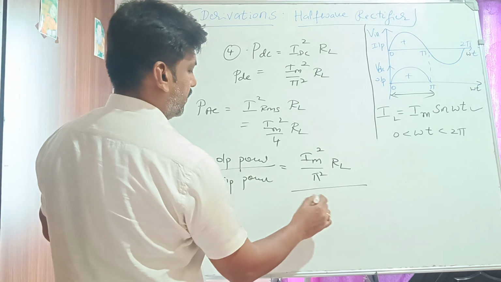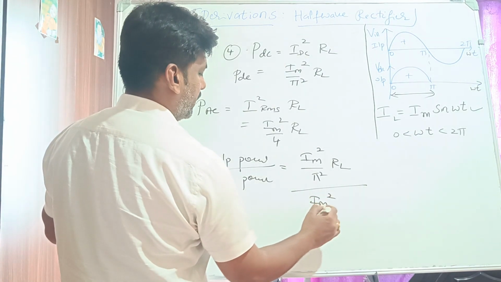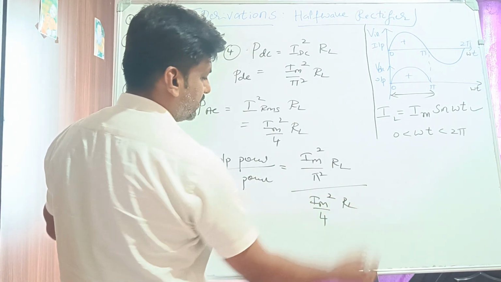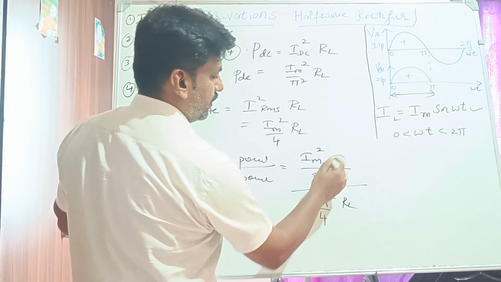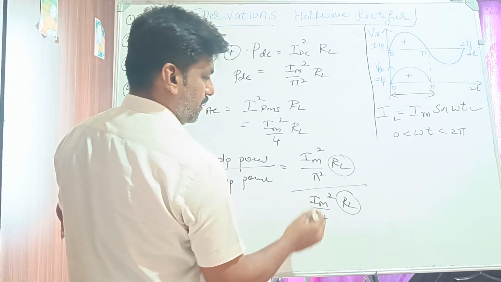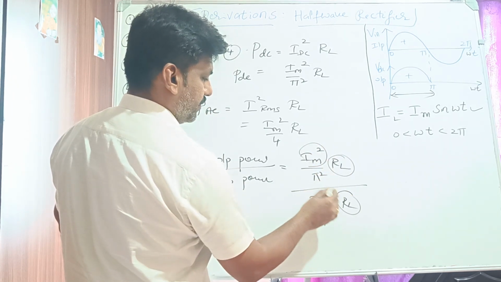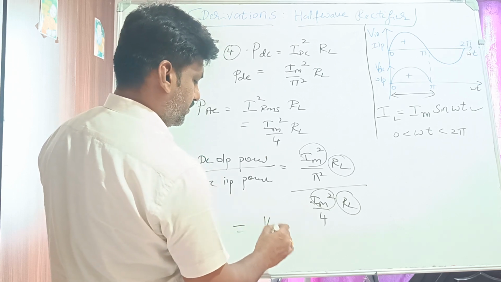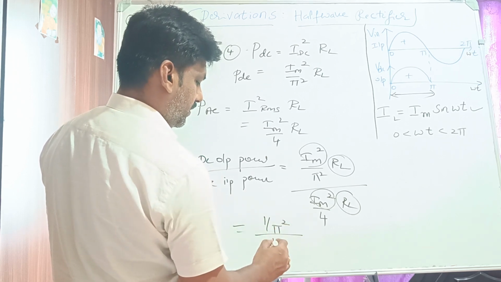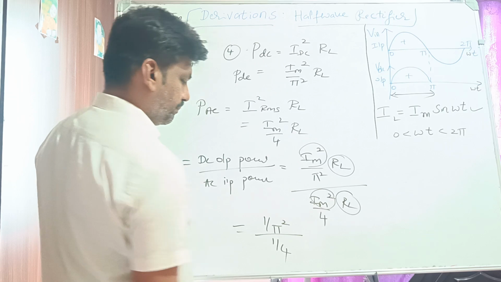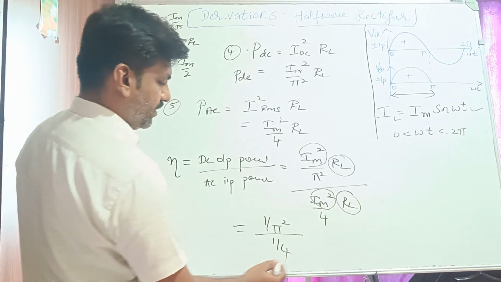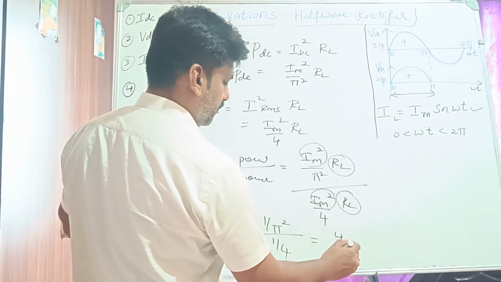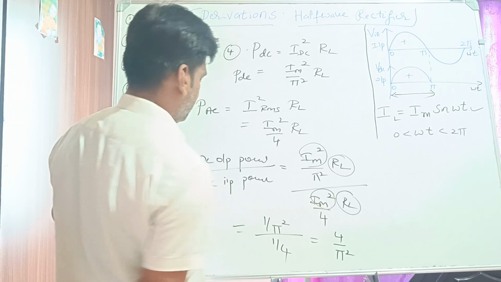What is that? Im square divided by 4 into RL. Which are the things which get cancelled? RL and RL, Im square and Im square, right? So if this gets cancelled, 1 by pi square and it is 1 by 4, right? Denominator goes to the numerator, so it is 4 divided by pi square you will get, right?